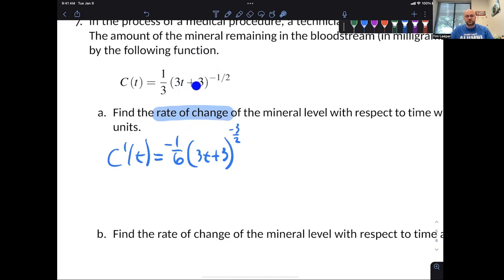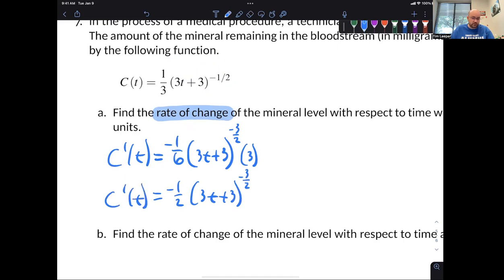Now I need to multiply by the derivative of the base, which would just give me 3 here. Now, negative 1/6 times 3, of course, is just negative 1/2. So this is negative 1/2, (3T plus 3) to the negative 3/2 power. That is our derivative.